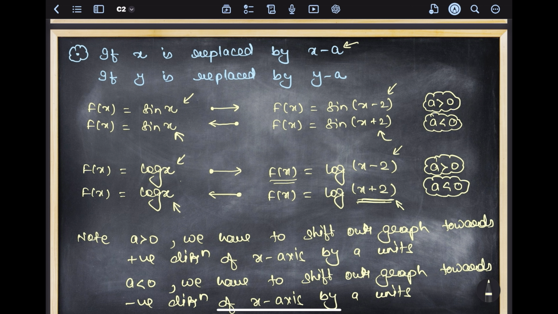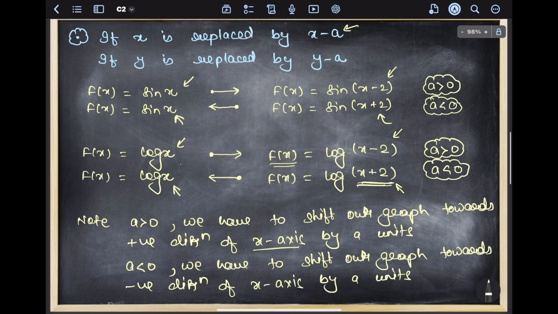If it was x, you were shifting towards the x-axis. If it is y, you will shift towards the y-axis by a unit. Okay, and if a is negative, you have to shift your graph towards the negative direction of the y-axis by a unit. Is that clear?